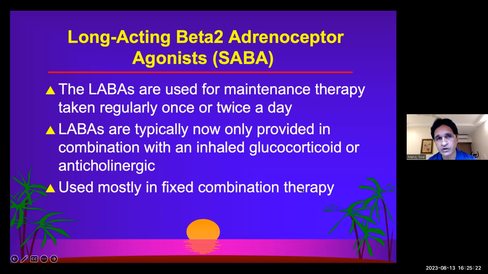Salbutamol is available as a monotherapy, but you will not find formoterol available as a monotherapy because it has been seen that use of monotherapy with LABA leads to increased risk of bronchial asthma exacerbation and increased mortality. So the LABAs as a monotherapy actually have been banned. So you will always find LABA in combination with either inhaled corticosteroid or in combination with the LAMA, that is long-acting muscarinic antagonist, which I'll be describing.